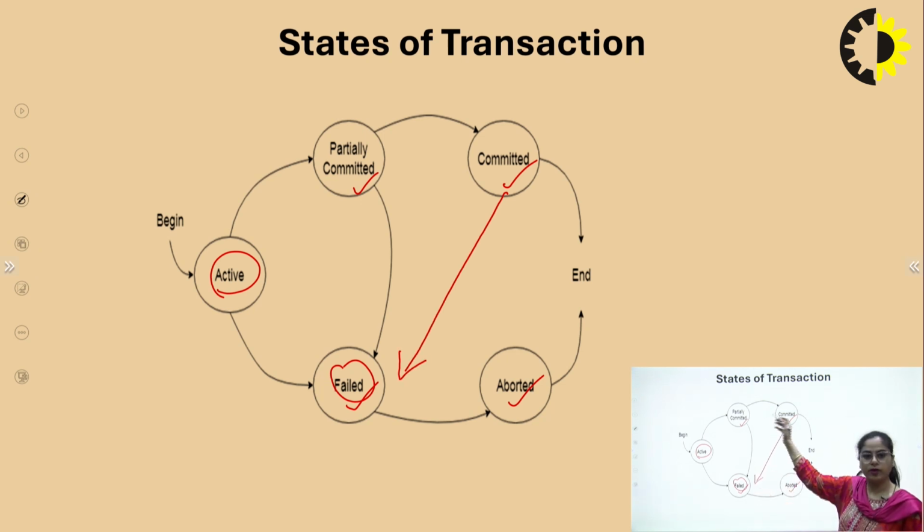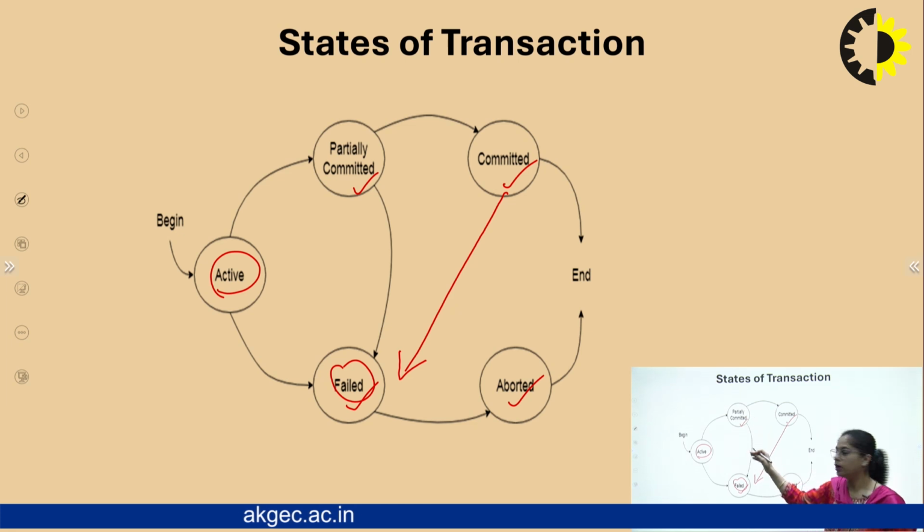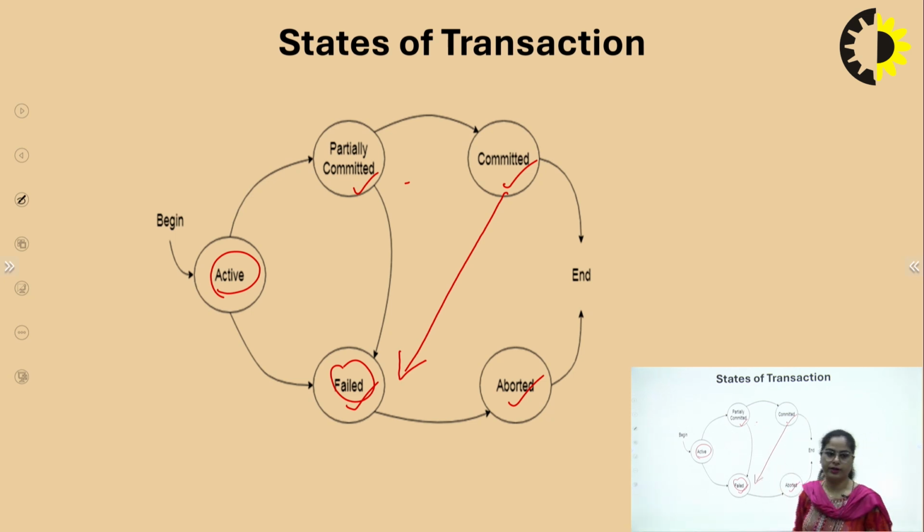Once a transaction is committed, can it be in a failed state? No, never. Only when the transaction is in the partially committed state, if failure occurs, then the transaction goes to the failed state. After committed, no transaction will fail.